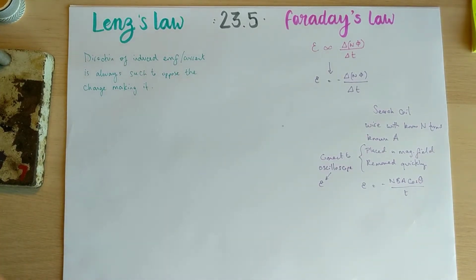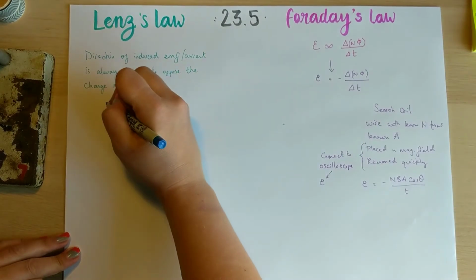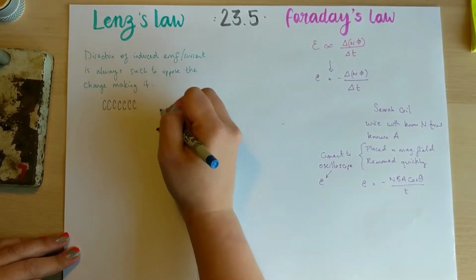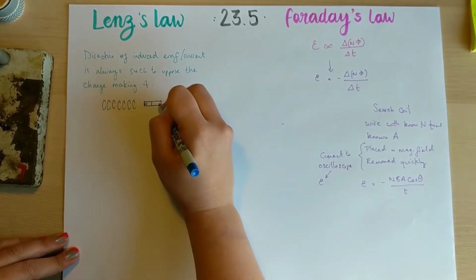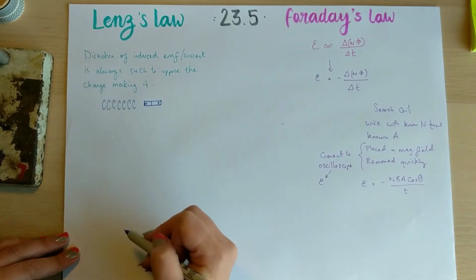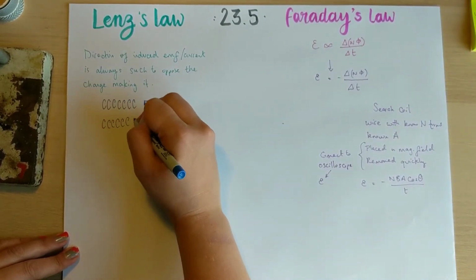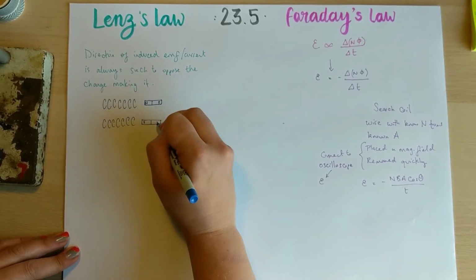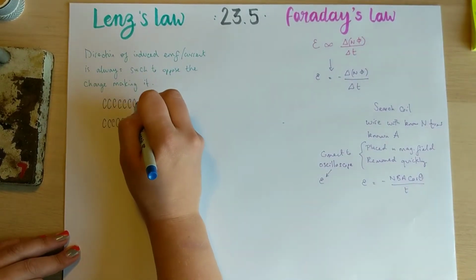If we consider the most basic kind of introduction that we give you to electromagnetic induction, which tends to be a coil of wire with a magnet pushed in, let's imagine this is going to be north going in first and then south going in first.